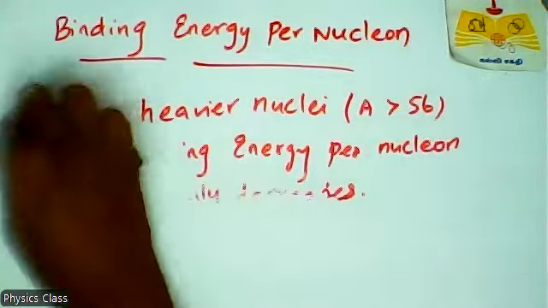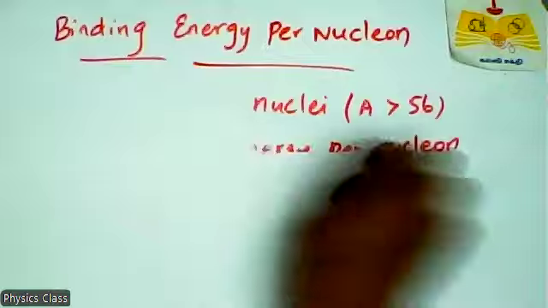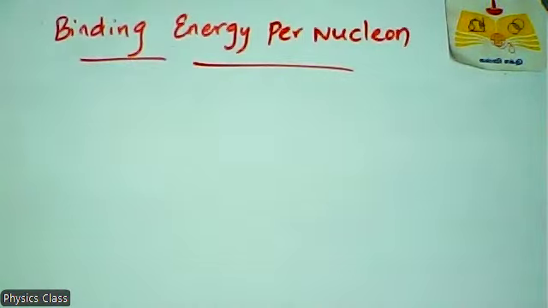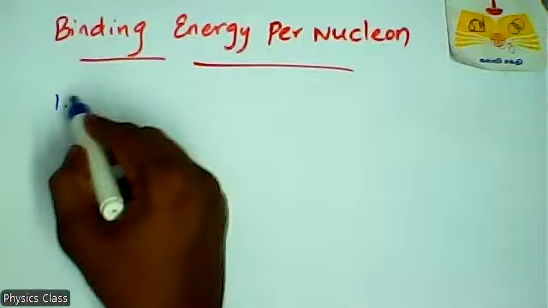Okay, now, what is the significance of this binding energy per nucleon? What are some significances of this binding energy per nucleon? Binding energy per nucleon has profound implications. For example, nuclear stability.